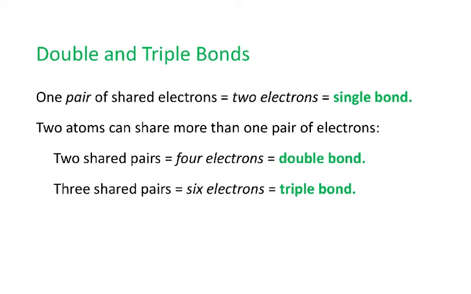And if a single bond is just like a line between 2 atoms, a double bond is 2 lines, which would be 4 electrons. And 3 shared pairs, or 6 electrons, is a triple bond, right? 6 electrons.